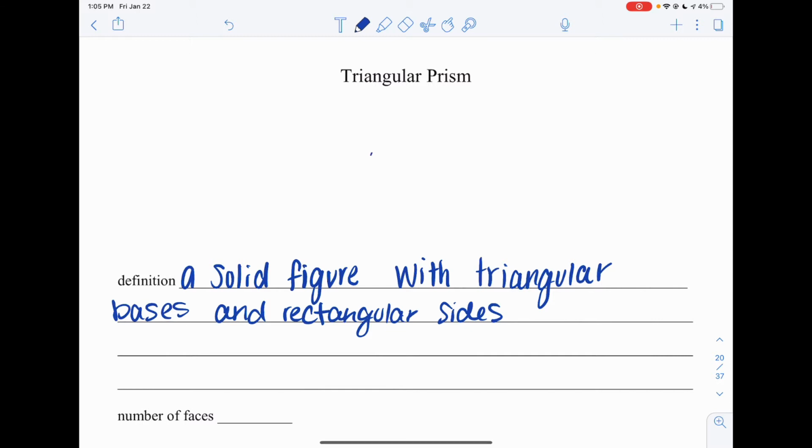Now I'm going to go ahead and sketch you a triangular prism. Now with this triangular prism, this is going to be with an isosceles triangle. Notice how I said sketch, because this does not look very nice. And then this triangular prism is going to be with a right triangle.